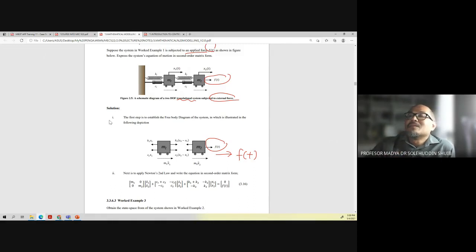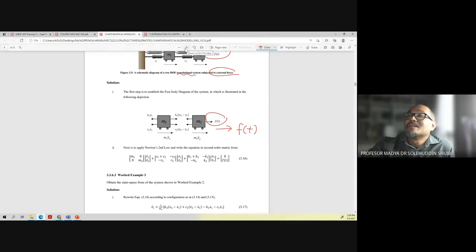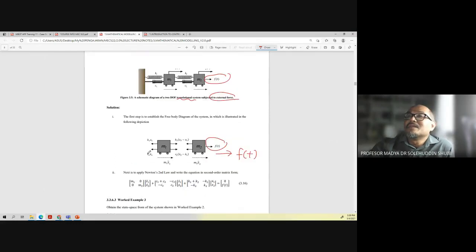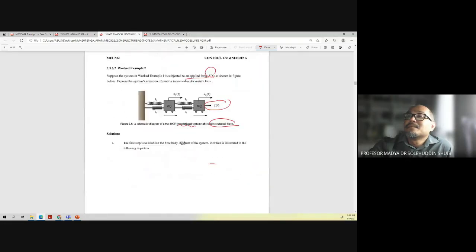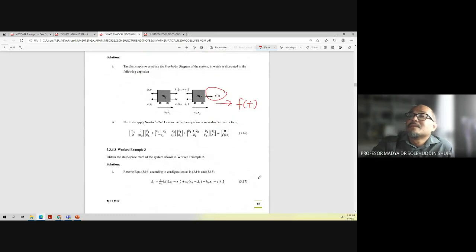So we can write as the following. The lengthy equation that we have here, we can write by using matrix form. You still remember how to multiply matrix? We have M1.